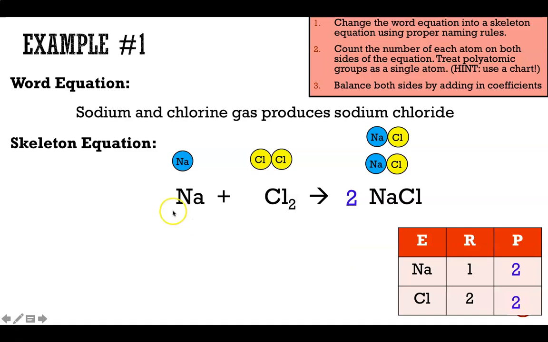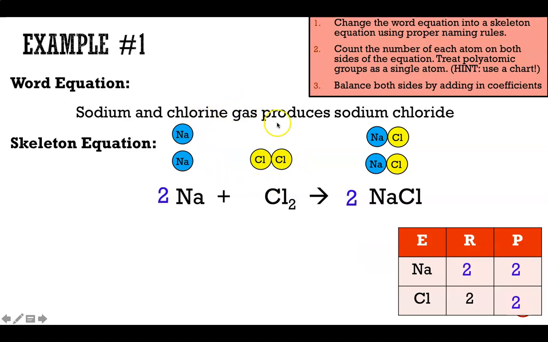So I've got to look at my equation here and think about where I could add another coefficient to maybe make this balanced. I'm going to try adding a 2 in right here. So that will change this number in the chart to a 2. And now I can see that all of these numbers match. You always want to make sure that your reactants equal your products. So I've got 2 and 2, 2 and 2, boom, that is balanced.